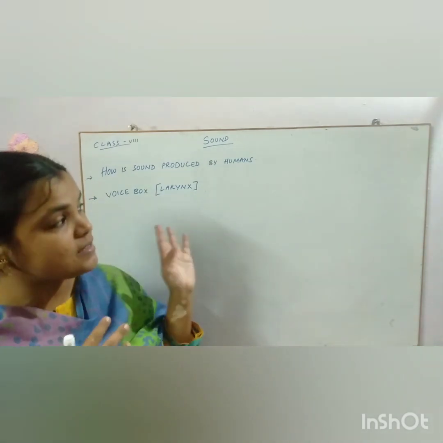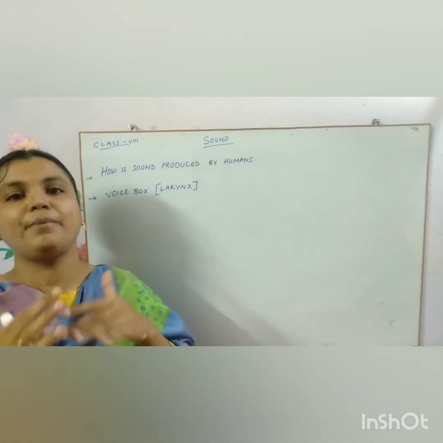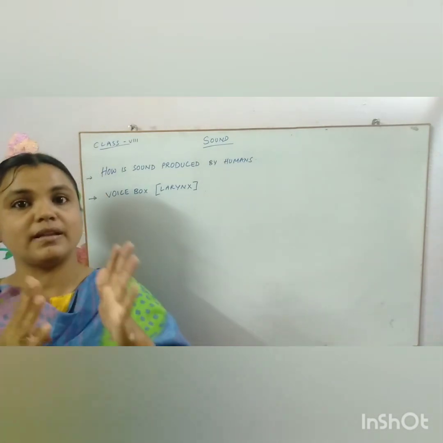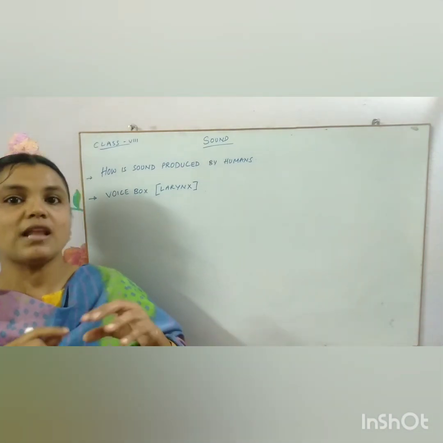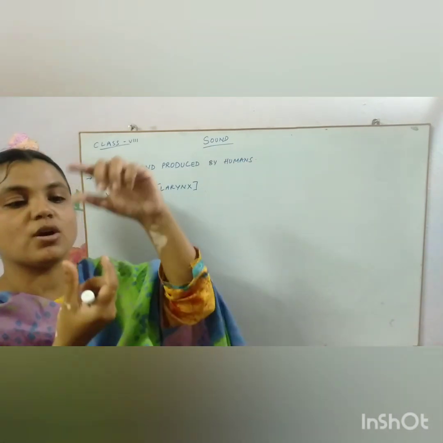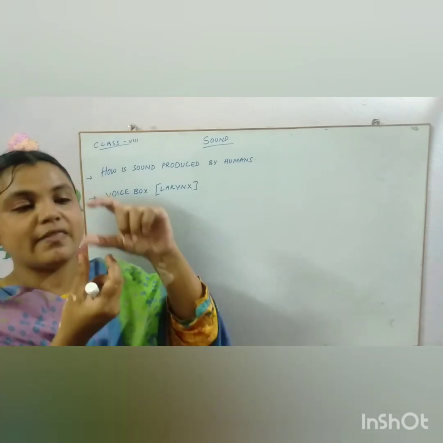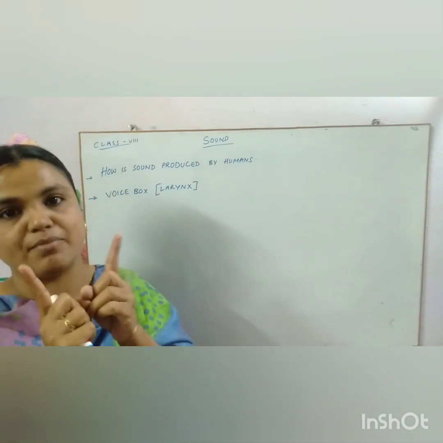Actually, the muscles which are attached to the vocal cords help in giving a character, or nothing but the quality, of the sound that is produced, children. So now you know that when the force is expelled out from the lungs through the trachea, because the cords are at the upper part of the windpipe, because of that force of air, these cords will be vibrating.